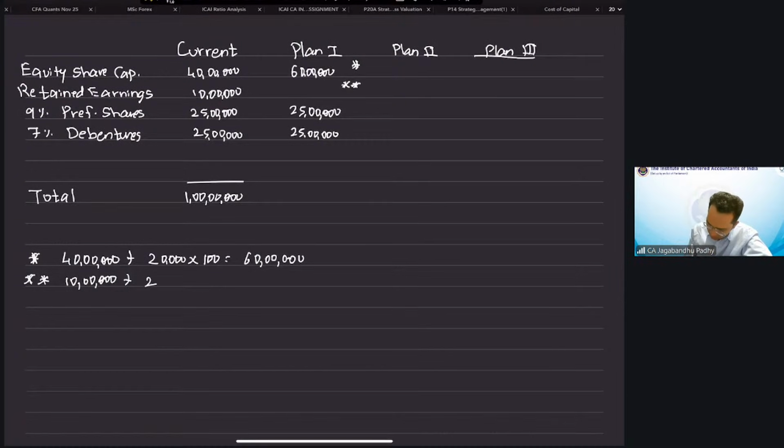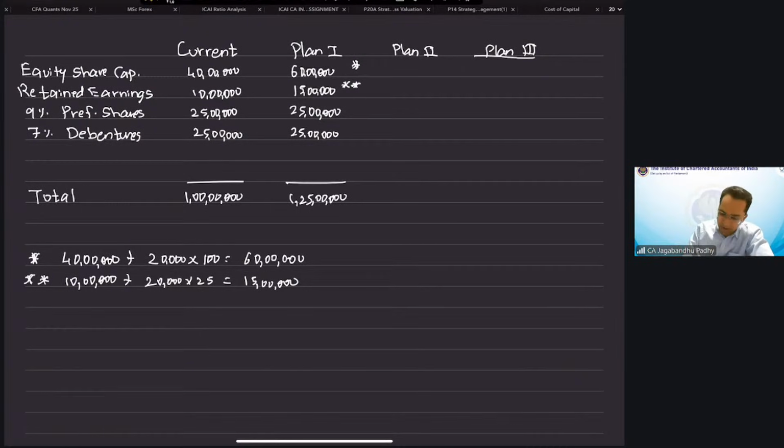So 20,000 into 25, 5 lakh. 10 lakh plus 5 lakh is 15 lakh. So retained earnings is 15 lakhs. Of course, the total capital employed is now 1 crore 25 lakhs.